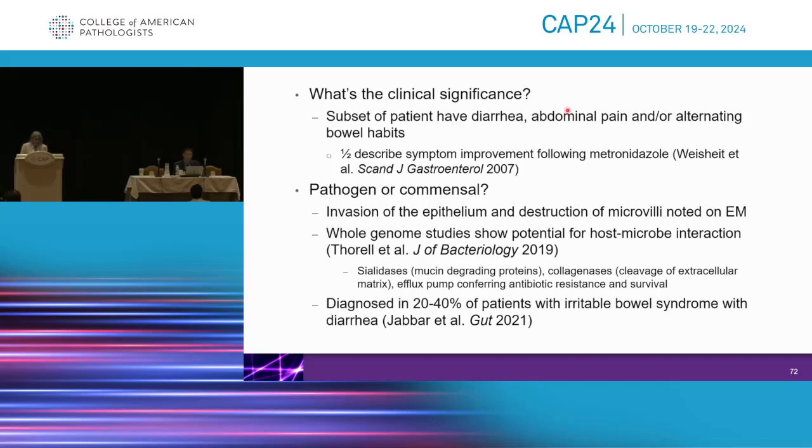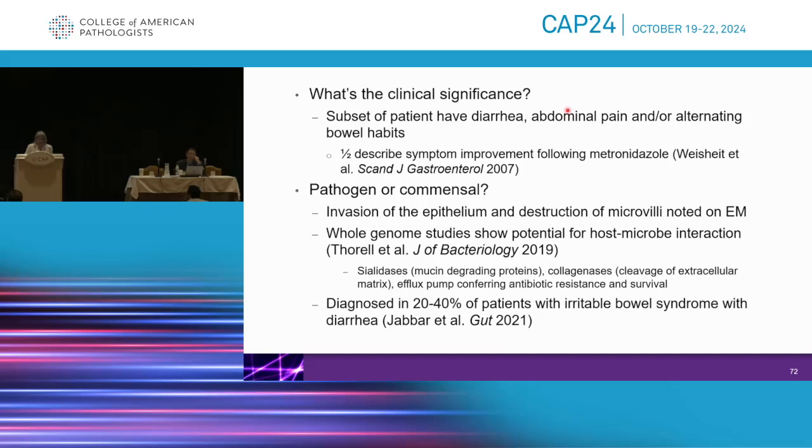And it kind of begs the question of what really is this disease? Or organism? Is this a pathogen, or is this a commensal organism? And so just to note, out of curiosity, folks have noted on electron microscopy studies that there is invasion of the epithelium and destruction of the microvilli.